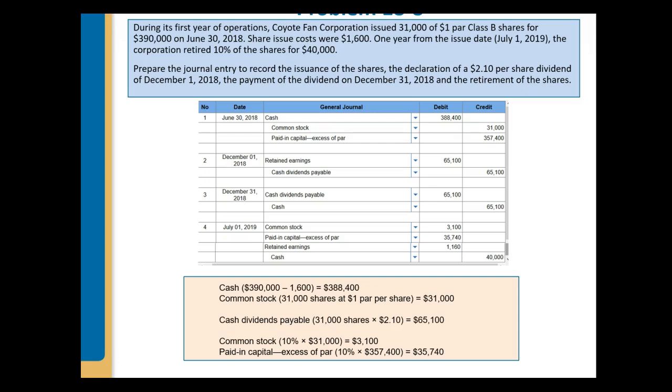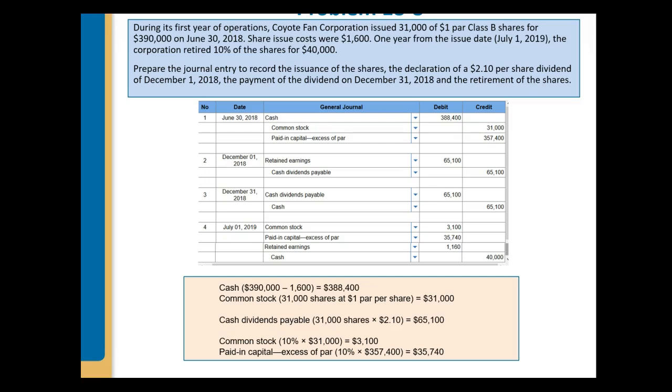Prepare the journal entry to record the issuance of the shares, the declaration of a $2.10 per share dividend on December 1st, 2018, the payment of the dividend on December 31st, 2018, and the retirement of the shares.